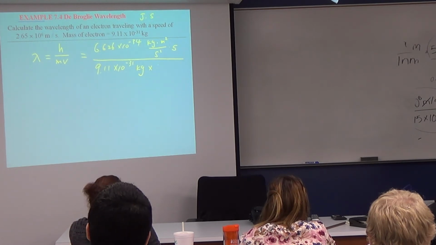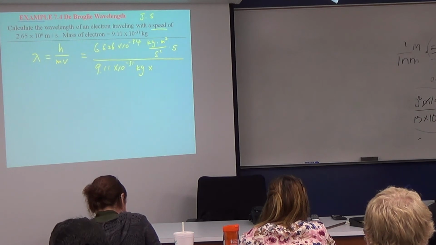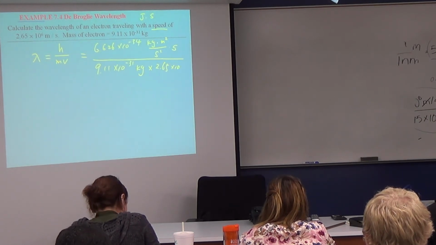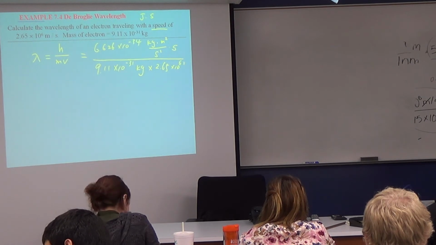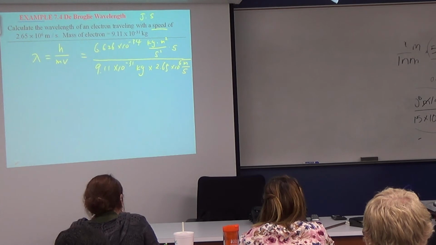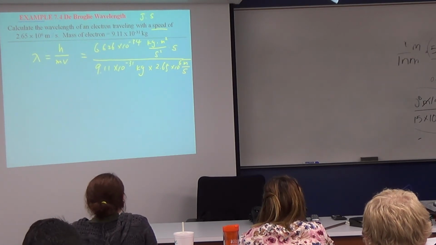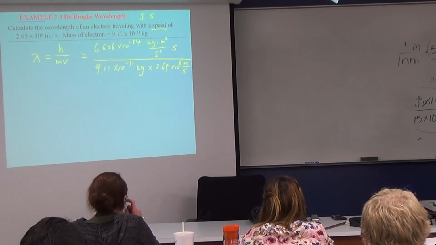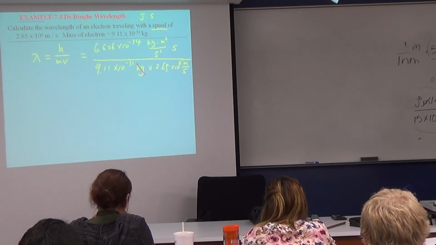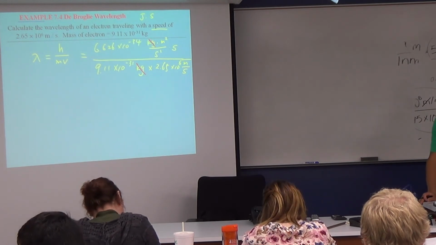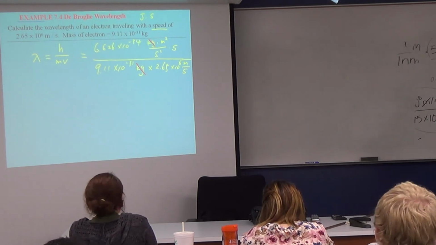And then the velocity or the speed is given to you also. So I think this question is relatively simple. Everything is given to you in the right unit, and you just need to know how to use the formula. Understand? You can see this kilogram cancels out.